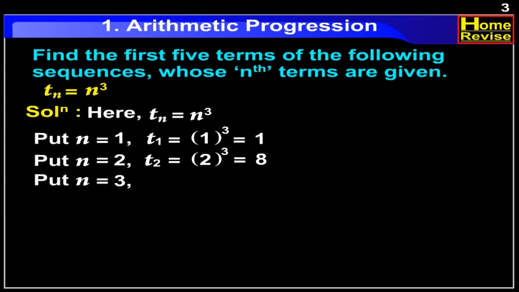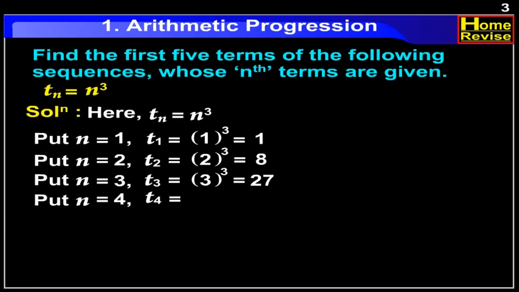For n is equal to 3, T3 is equal to 3 cube, which is equal to 27. For n is equal to 4, T4 is equal to 4 cube, which is equal to 64.